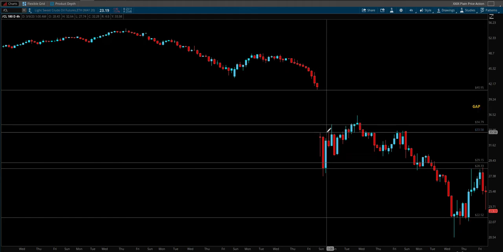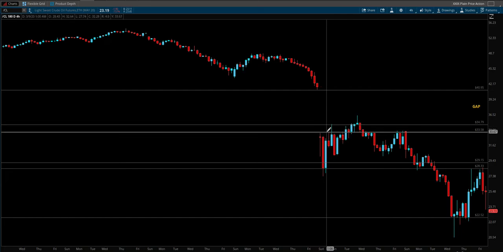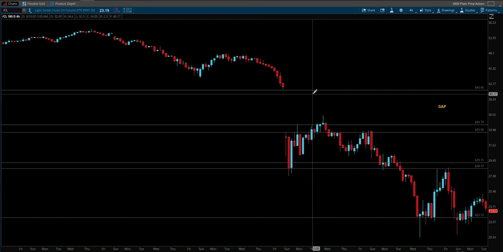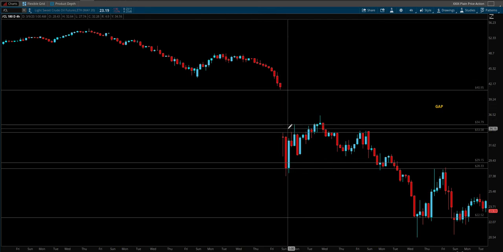And, you know, if you shortchange yourself a little bit and you say, oh, it's 34.79, you can short yourself about $200 a contract between here and here. And that's assuming, of course, that the gap closed on the way down.